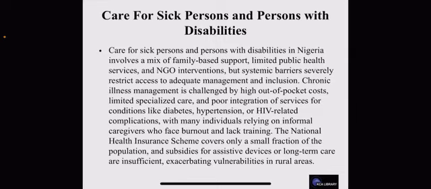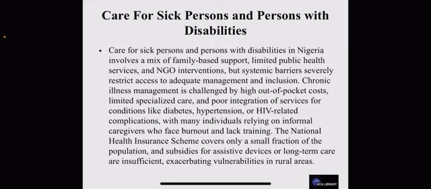After that, we also have limited public health services and some non-governmental organization interventions. But systemic barriers severely restrict access to adequate management and inclusion. So it is more of family based support, with some little assistance and services from different public health sectors and NGOs, that's non-governmental organizations.